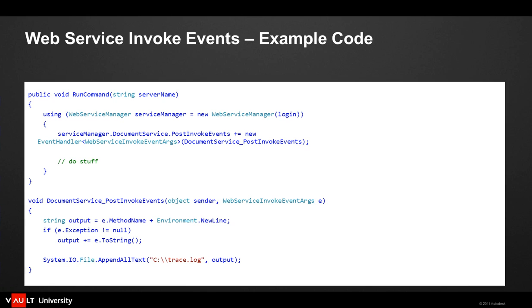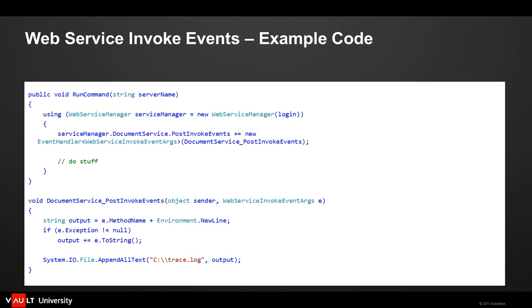Okay, so here's what it looks like. Here's some code for how you would hook into these event types. Once you have your object set up, and in this case I'm using the Web Service Manager, I've created a new manager. I go to my document service object and I say, okay, I want to do event hooks on this object. Then you do these post invoke events, and then you have your handler. Inside of your handler, this will get called for every document service call on that object.